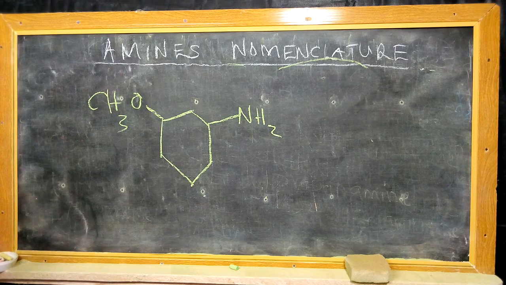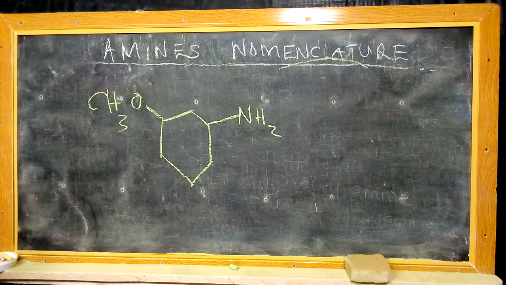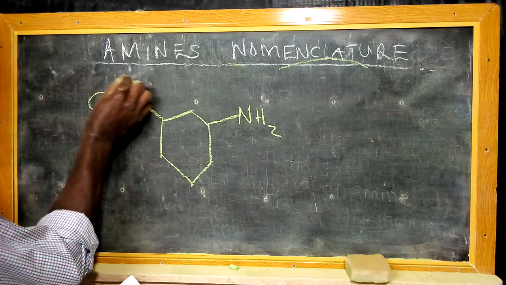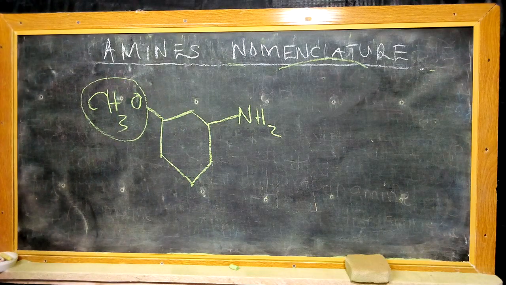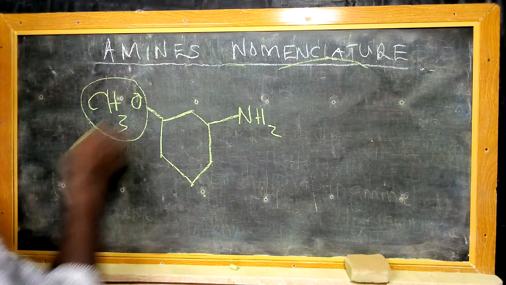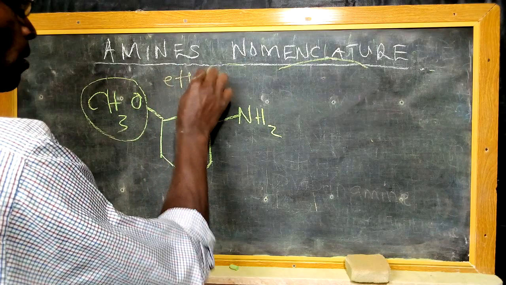From this case, we looked at the different functional groups. If we look at this one, there's a class of organic compounds that we're going to discuss, of course under the class of ethers.